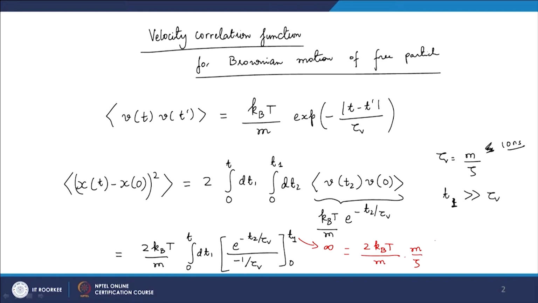Only the lower limit will remain there, and the lower limit is equal to 1 because we have taken the prefactor out. So, this is equal to 2 kBT by zeta multiplied by t.